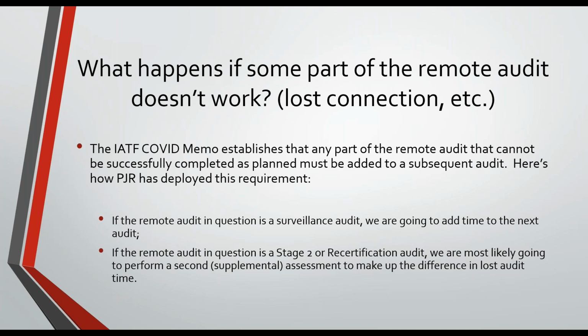If the audit being done is a surveillance audit, we're going to add time to the next on-site audit. If the remote audit in question is a stage 2 or recertification audit, what we're most likely going to have to do is perform a supplemental assessment to make up the difference in lost audit time.